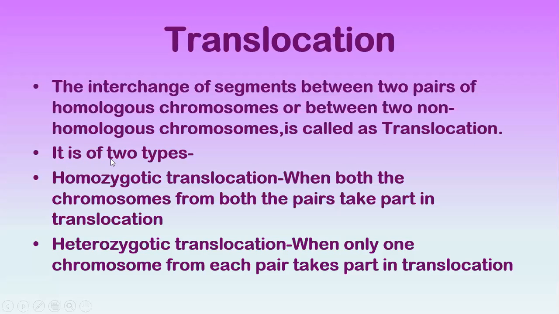It is of two types. Number one, homozygotic translocation means when both the chromosomes from both the pairs take part in translocation. It is called homozygotic.